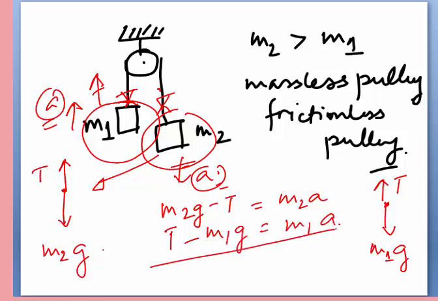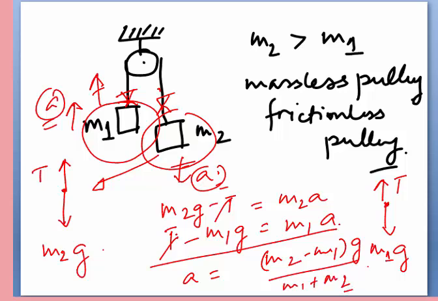Now I solve these two linear equations, T gets cancelled out, and what I get is acceleration equal to (M2 minus M1) G by (M1 plus M2). So this is the conventional approach, and this is the simplest example of a mass pulley system.